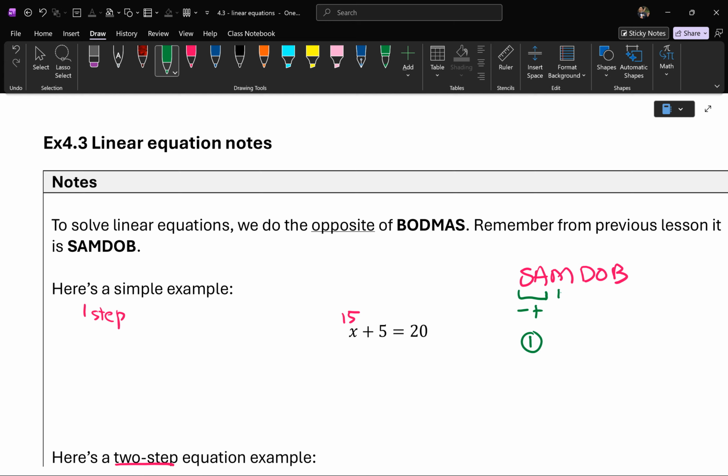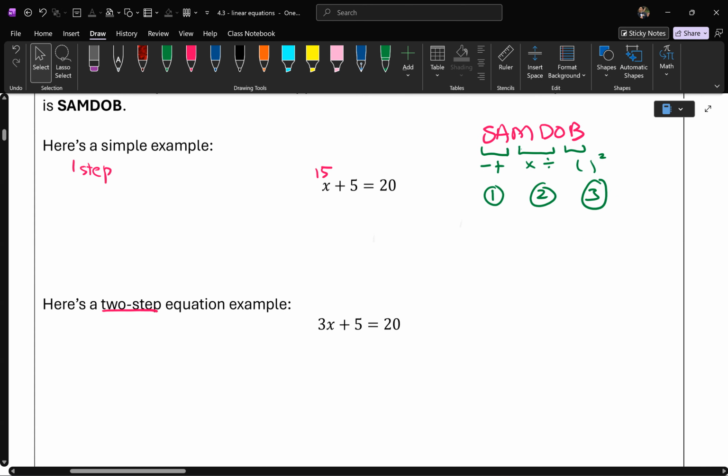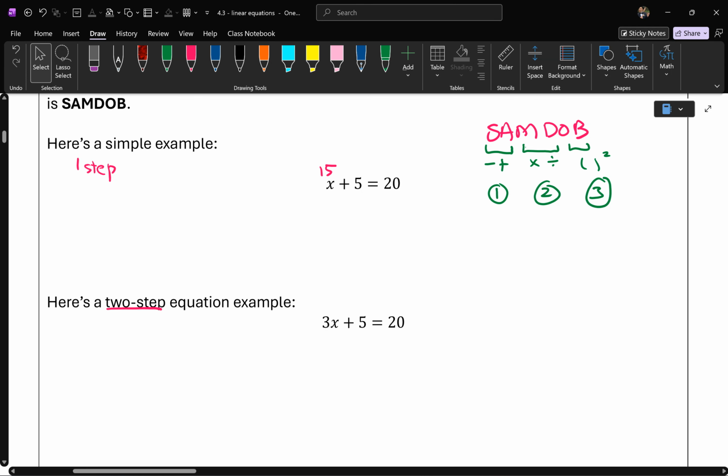Then your next step is any multiplication or division. That's your second. Last thing you get rid of, brackets or powers. That's the last thing you should do. Okay? Here's an example where you would use SAMDOB for a two-step equation.